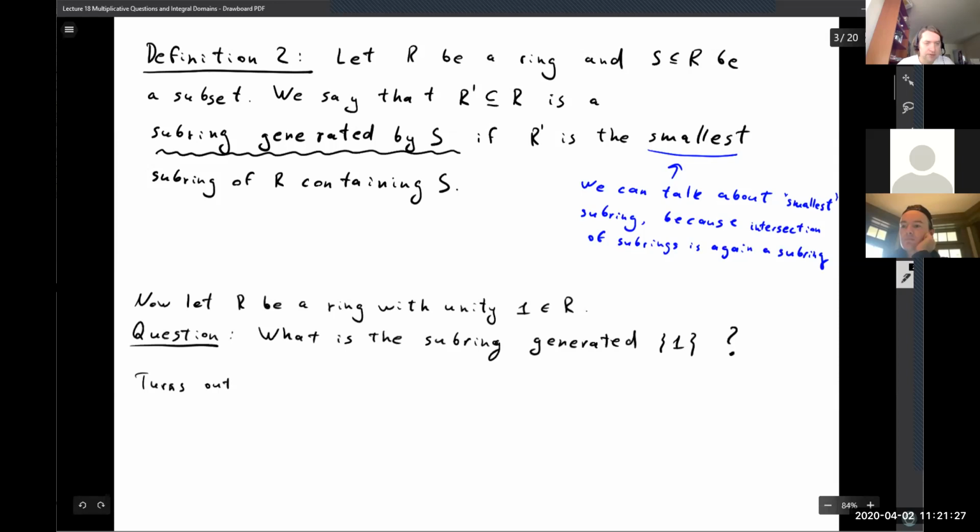Turns out that we can easily describe this subring. Okay. So in order to answer this question, we will look at the following. So that'll be lemma 3.